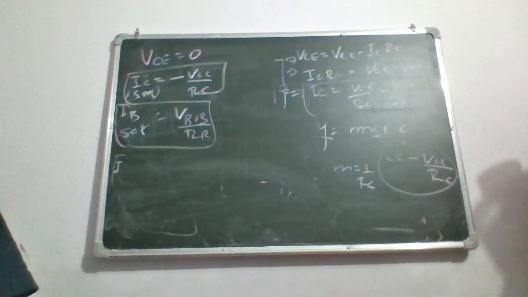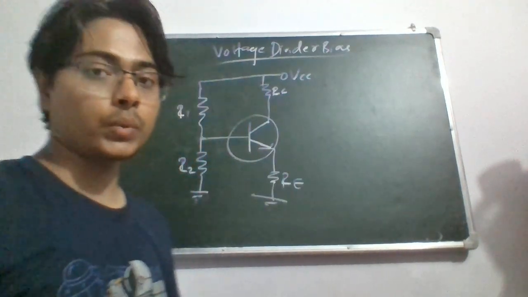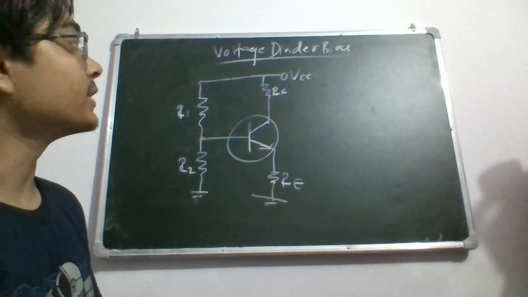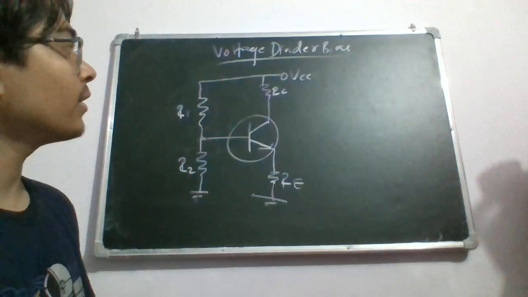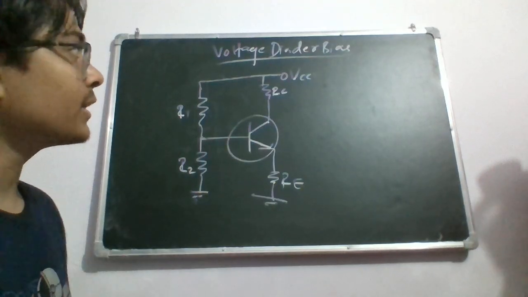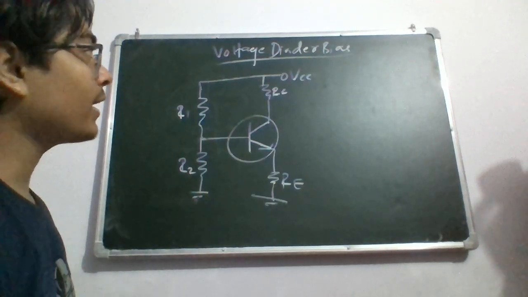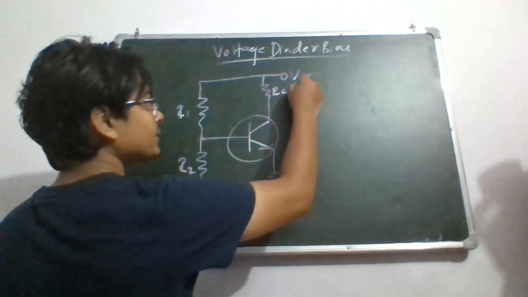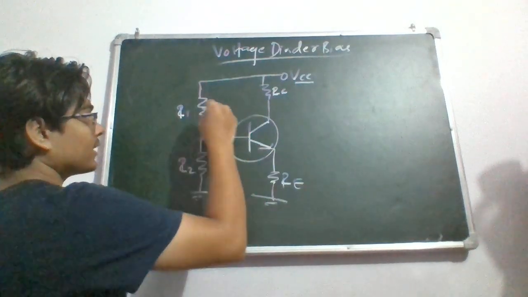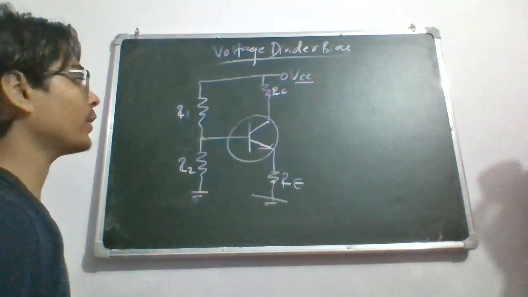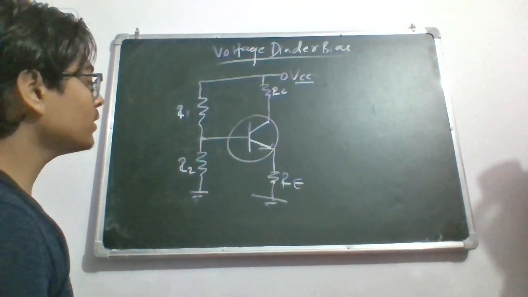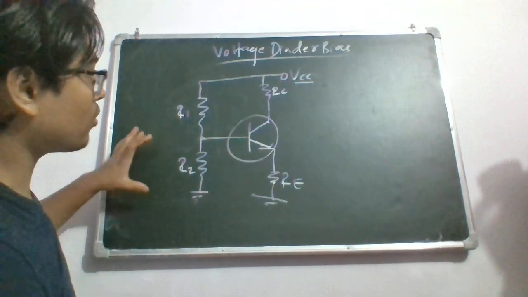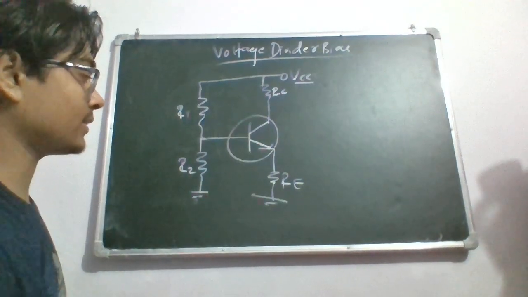Now let's talk about voltage divider bias. This is what we call a voltage divider bias. The name itself is clear because this VCC voltage is divided between R1 and R2 before going to the base terminal, on the basis of the ratio of these resistances.